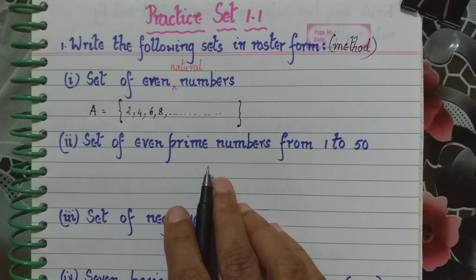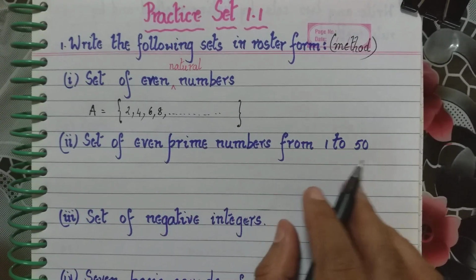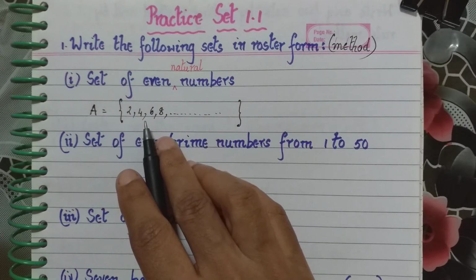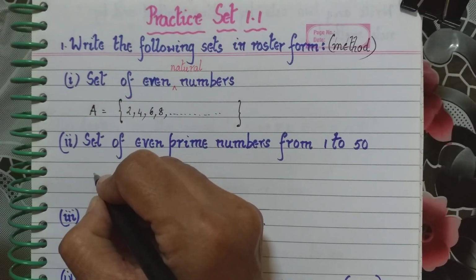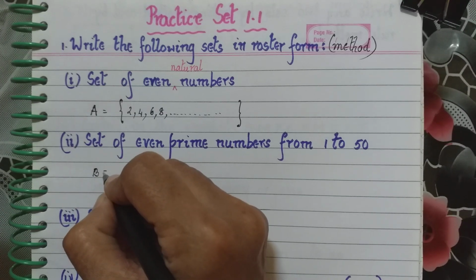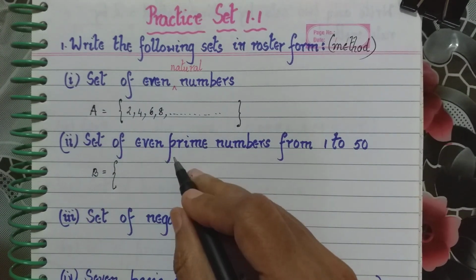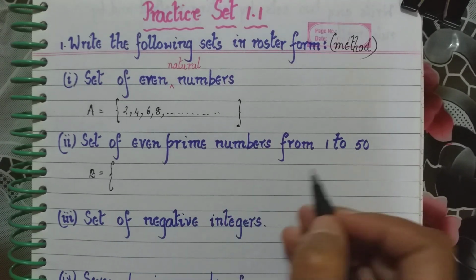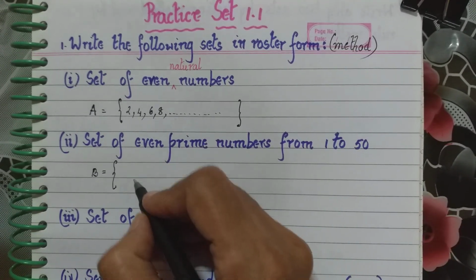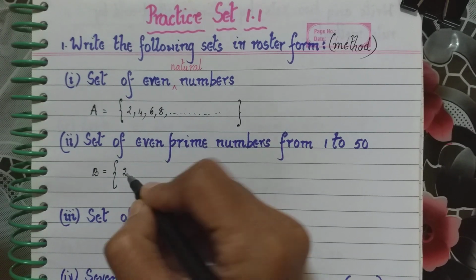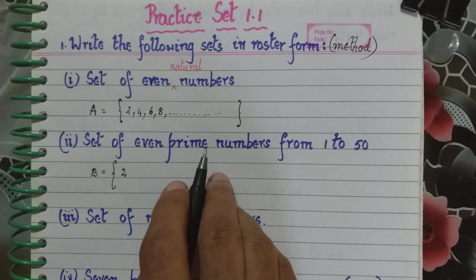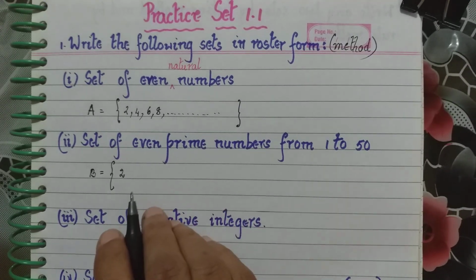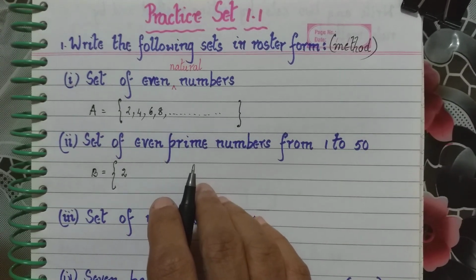Coming to the second one, set of even prime numbers from 1 to 50. Now, each time we don't need to give the name of the set as A itself. Here I can write the name of the set as B. Even prime number. Now, the first even prime number from 1 to 50 is 2. After that, the even numbers after 2 are 4, 6, 8, 10, 12.